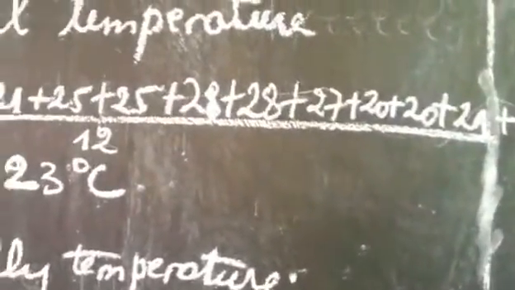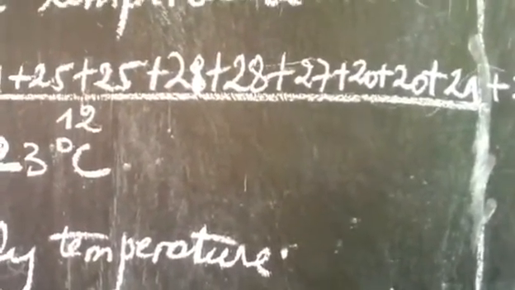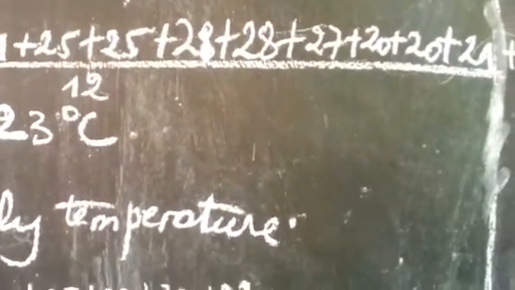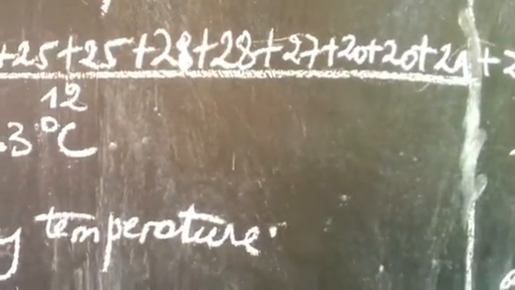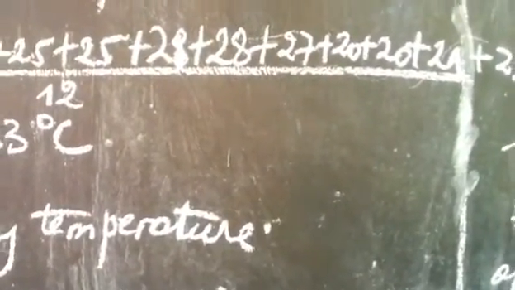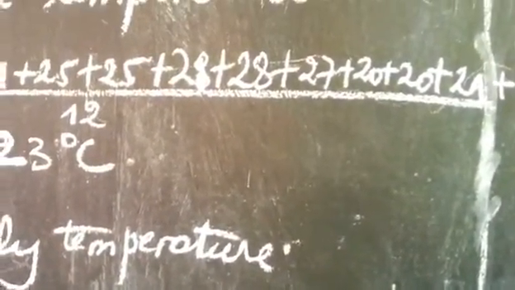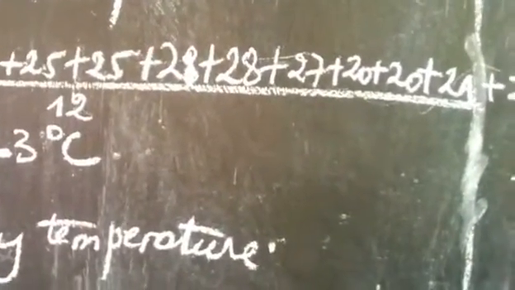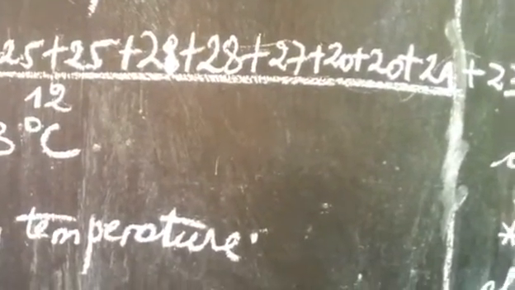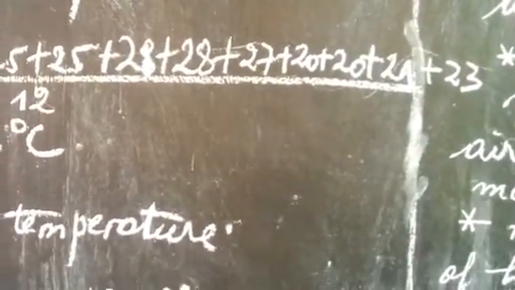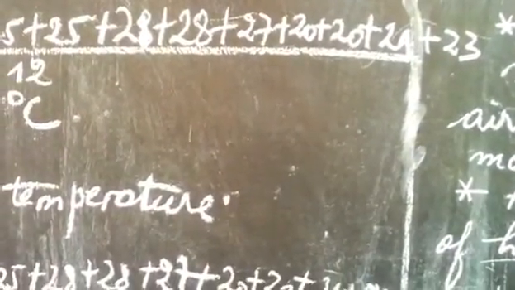Number 1, calculate the mean annual temperature. This question is going to help us understand the definitions we discussed previously. When calculating mean annual temperature, we find the sum of all temperatures in all months of the year.